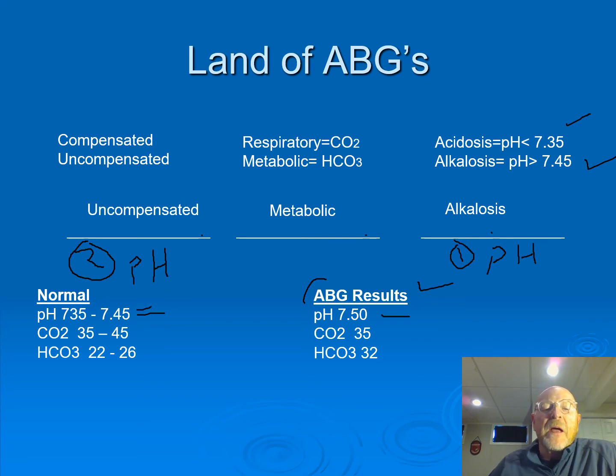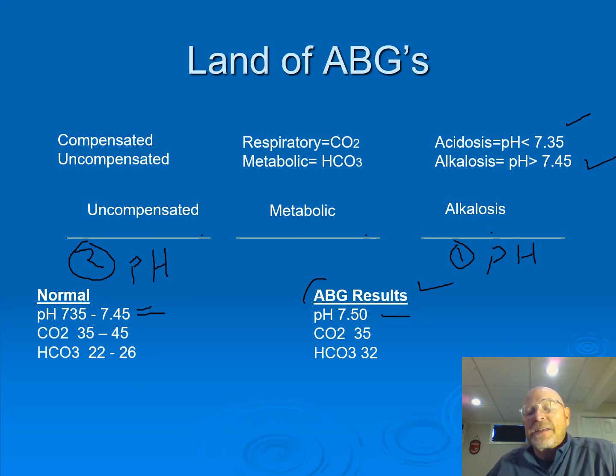If the body has not been able to compensate and bring the pH back to the normal level, then it's a first name of uncompensated. In this ABG result, is the pH level within normal range? No, 7.5 is outside the normal range. So our first name is going to be uncompensated.